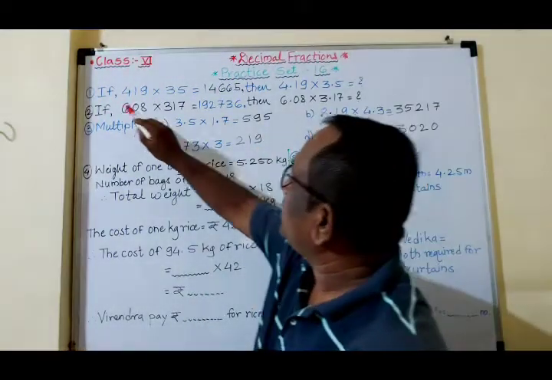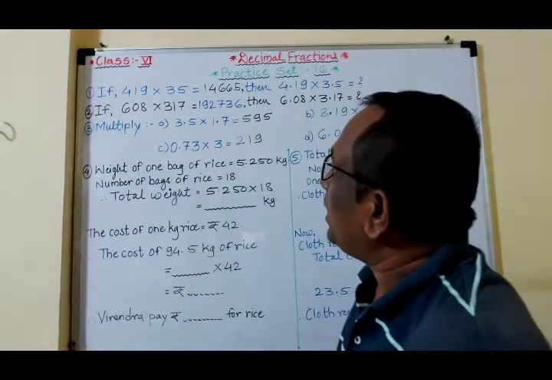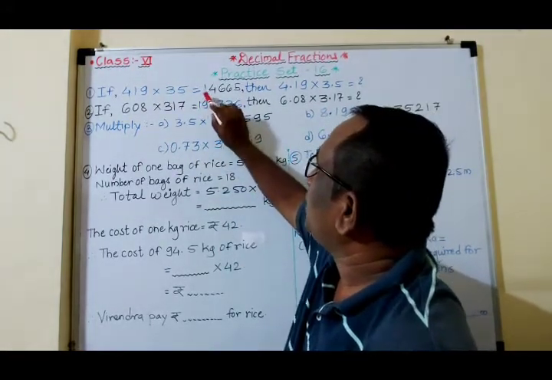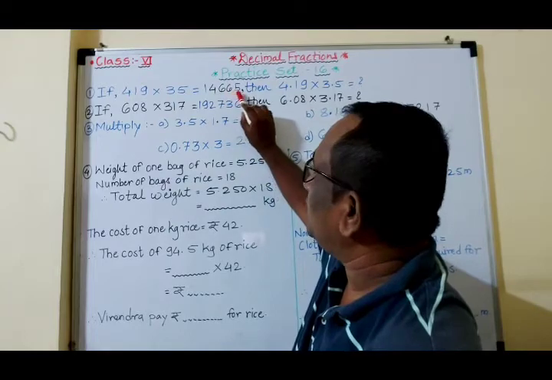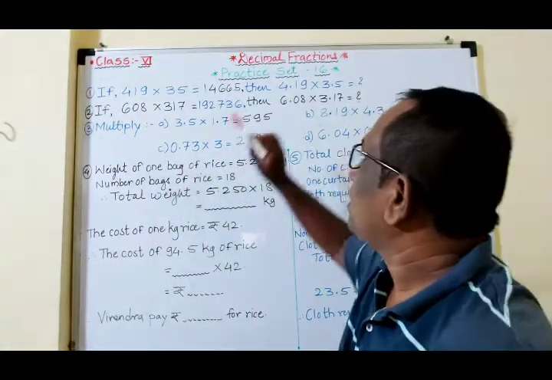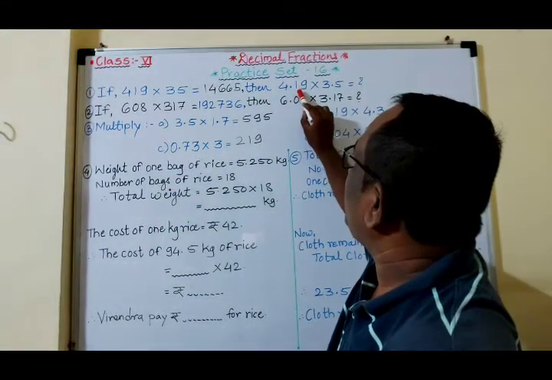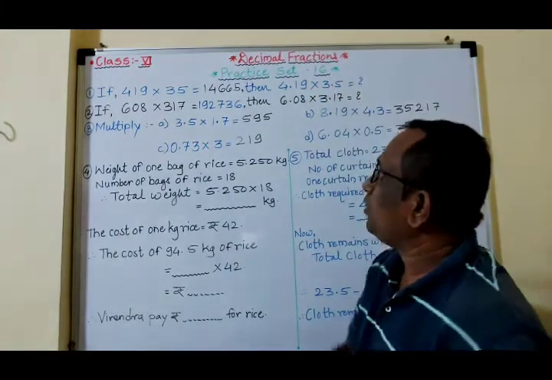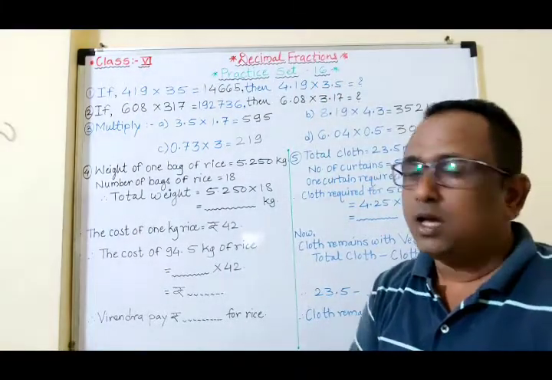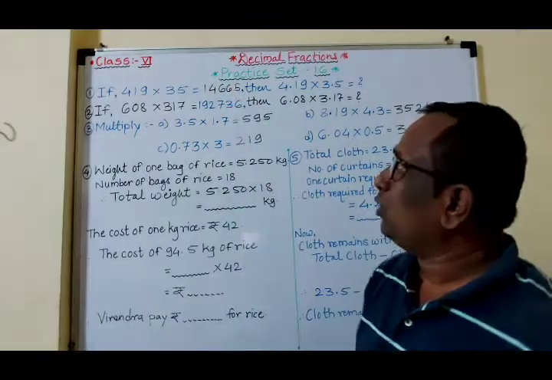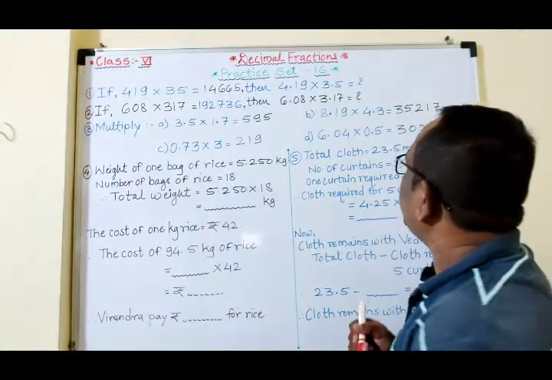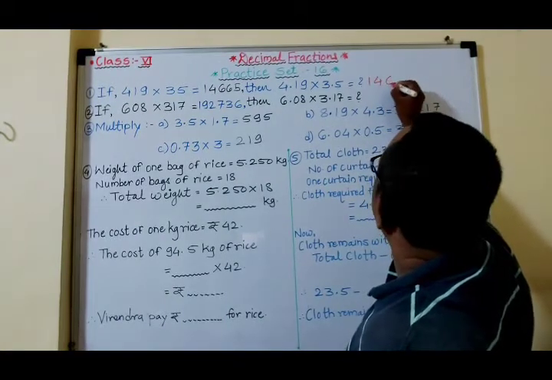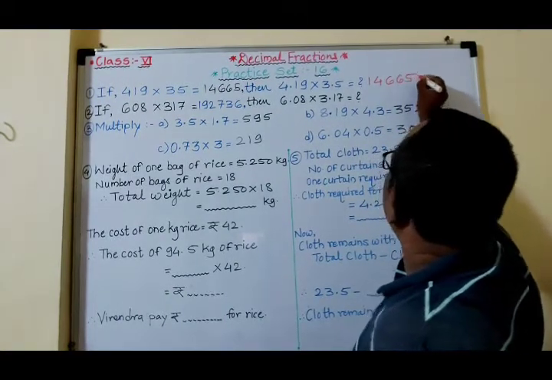Now the first example is, if 490 multiplied by 35, then the answer is given, that is 14,665. Then 4.19 multiplied by 3.5, what will be the answer? Here students, we already know the answer, so we'll write the answer, that is 14665.